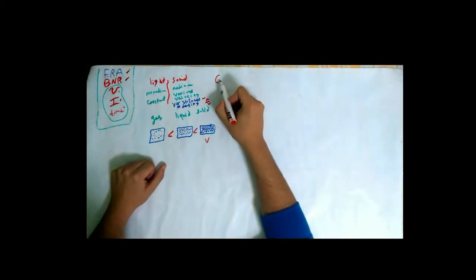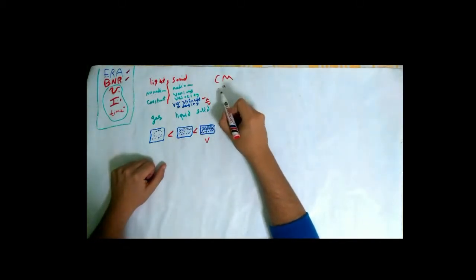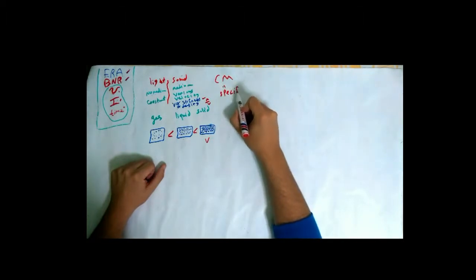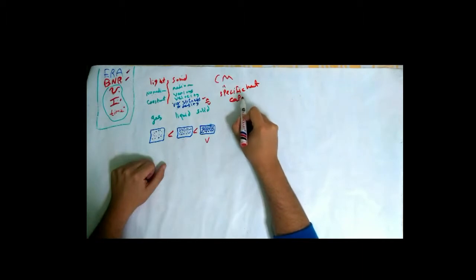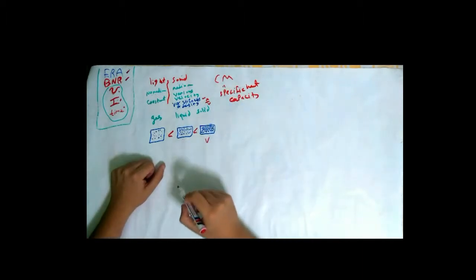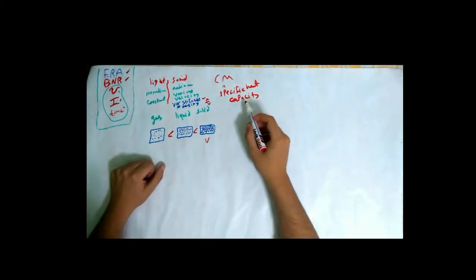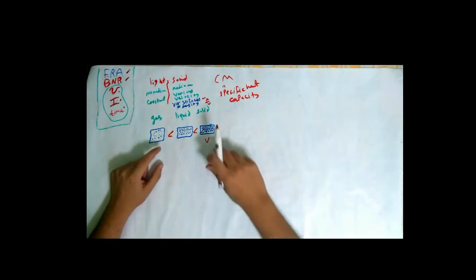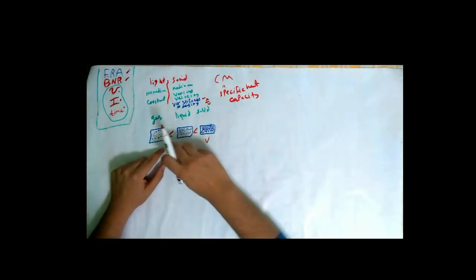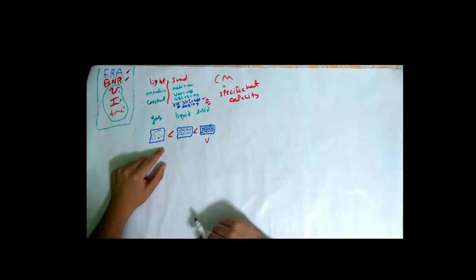There is a term called cm, which means specific heat capacity. Specific heat capacity is the amount of energy needed to raise the temperature of 1 gram of any substance by 1 Celsius. So let's say we have also 3 squares with 3 different mediums or materials.